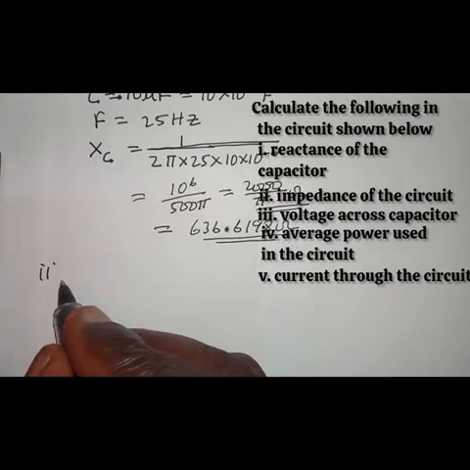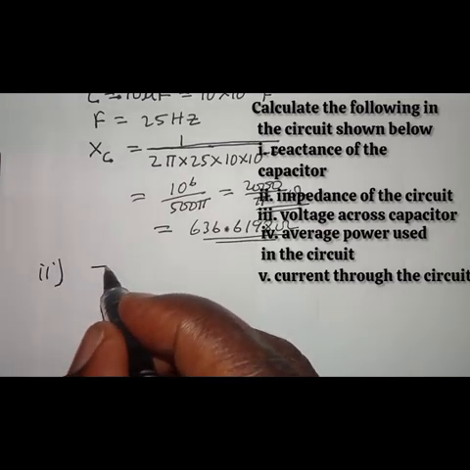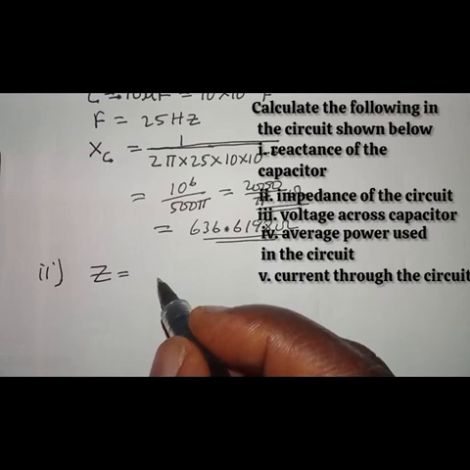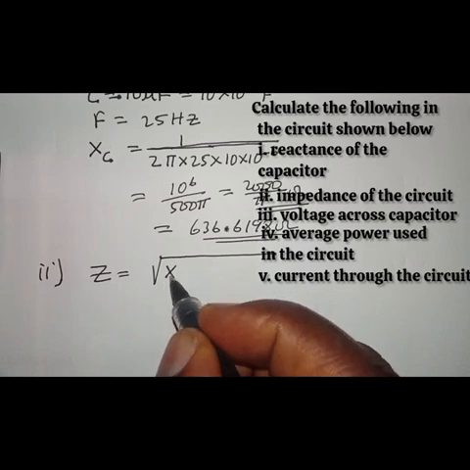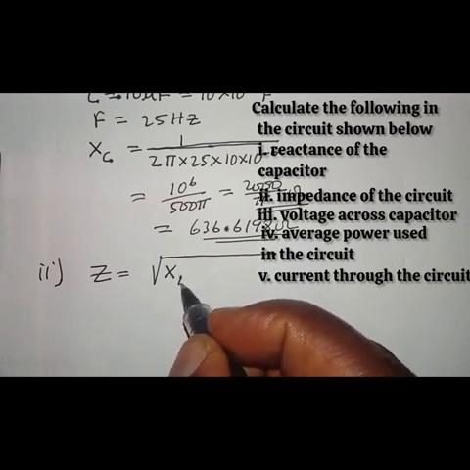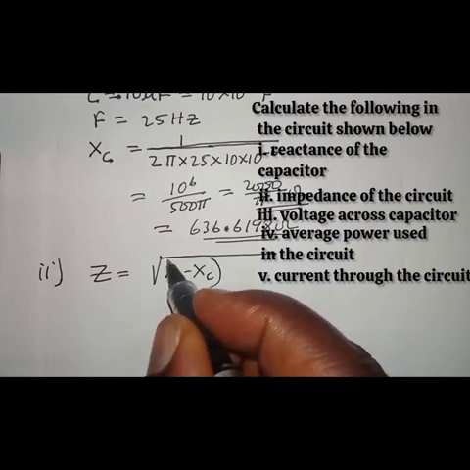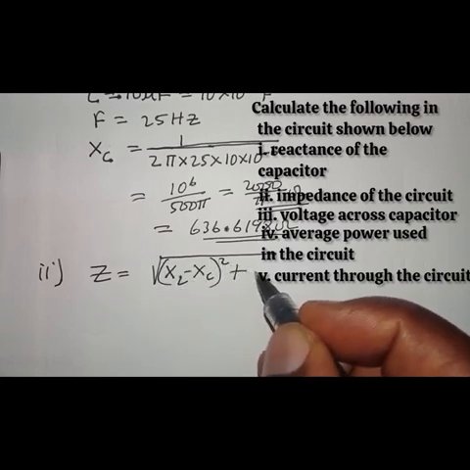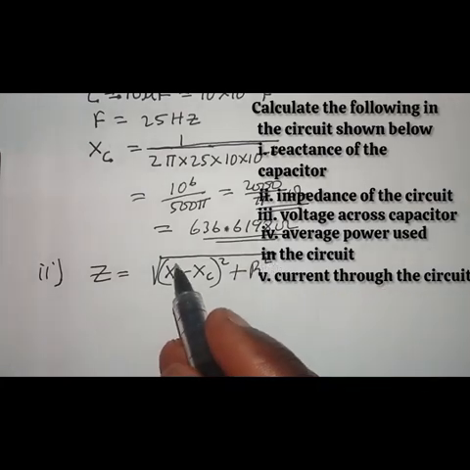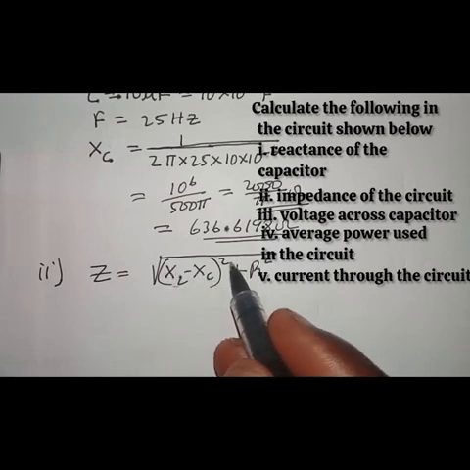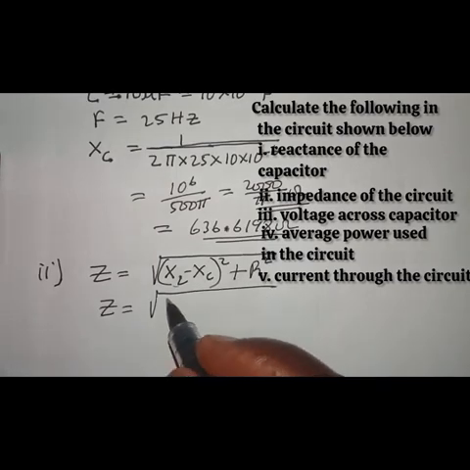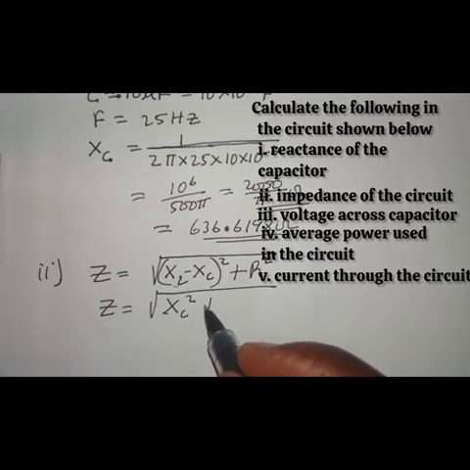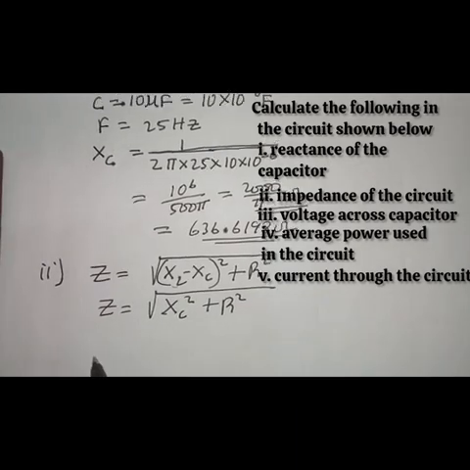So the impedance Z, since there is no inductive reactance, remember generally the impedance is the square root of (XL minus XC) squared plus R squared. But since XL does not exist, it means this is 0. And if it's 0, we'll have minus XC squared, which is the same as XC squared. So the impedance is going to be the square root of capacitive reactance squared plus resistance squared.